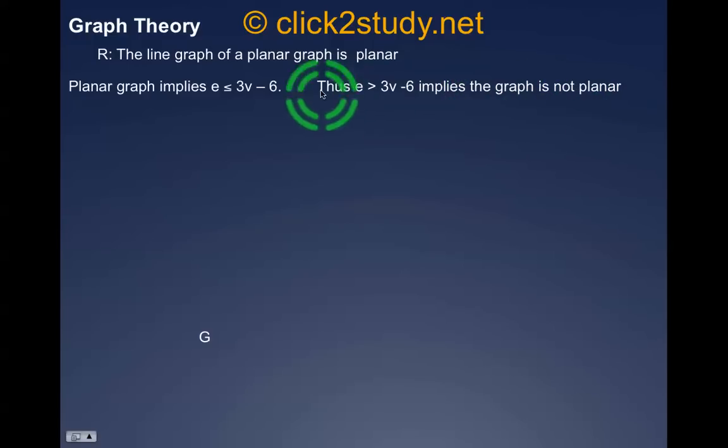This statement is just the contrapositive of the previous one. Planar implies E is less than or equal to 3v minus 6, but if E is greater than 3v minus 6, it would imply that the graph is not planar.